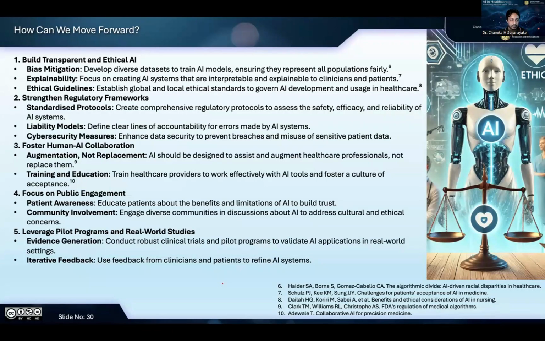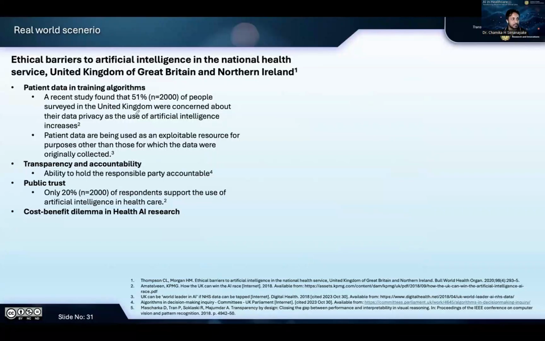So it's been happening in real-world scenarios. Actually, I had the experience in the UK. This is based on what I experienced in the UK, and there has also been a publication. They talk about the ethical barriers to artificial intelligence in the NHS, in Great Britain and Northern Ireland.